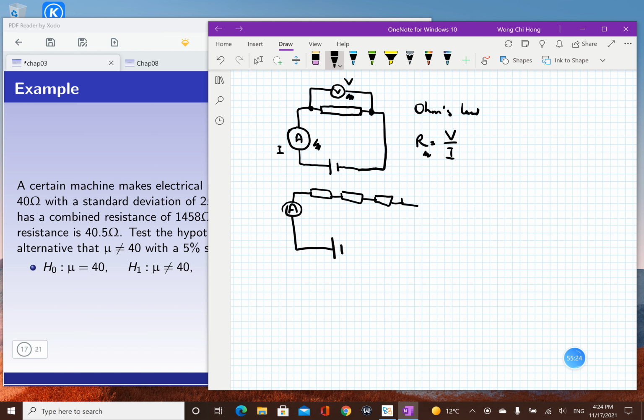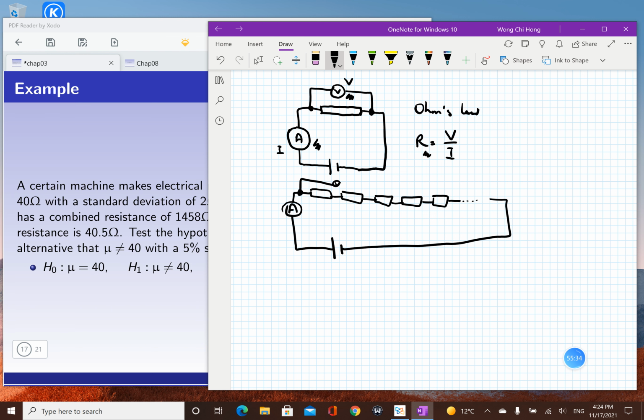We just connect all of them together in series, and we have our voltmeter connected like this. We find out the total of this resistance.